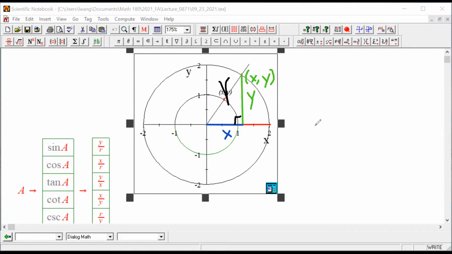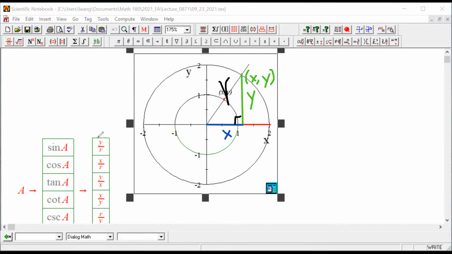But that does happen, so one of the legs could be the same as the radius. For example, if your terminal is on the x-axis or y-axis, then r, the hypotenuse, has the same length as one of the legs.